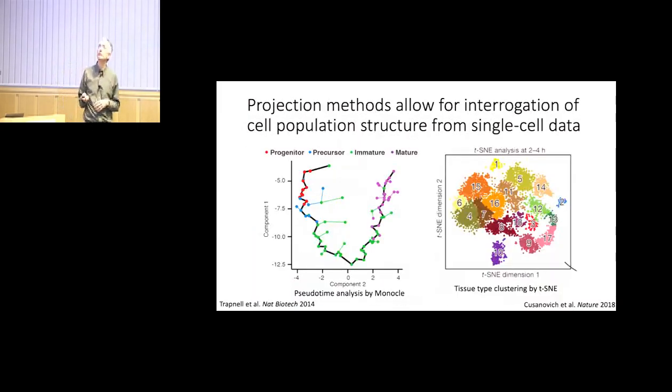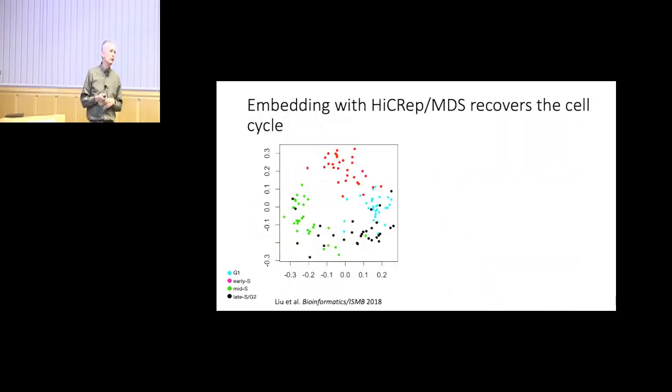So what Gia did was take one of those existing methods called HiCRep, and combine it with a standard dimensionality reduction technique, multidimensional scaling, and took some published data in which we actually had labels for where the cells were in the cell cycle. You can see G1 in cyan, early S, mid S, and late S, and so on.